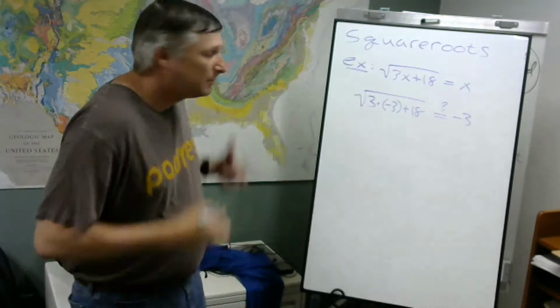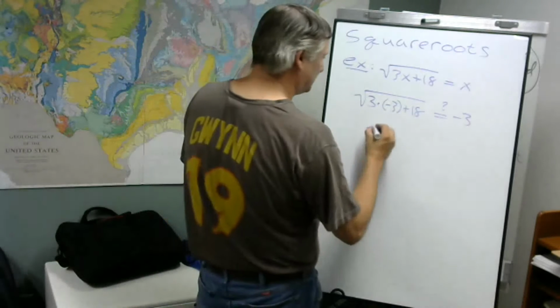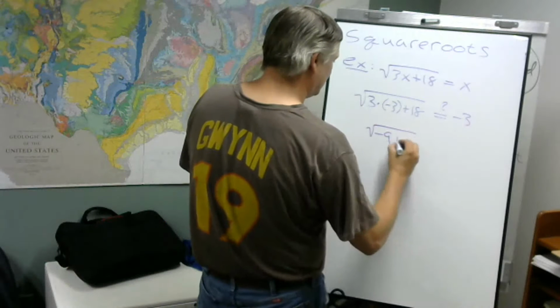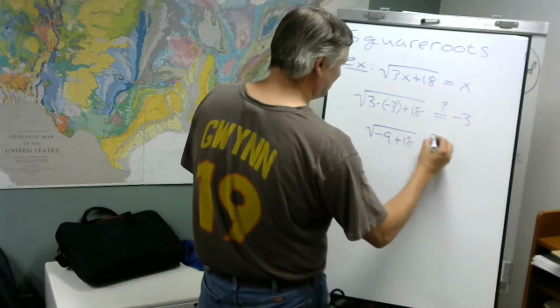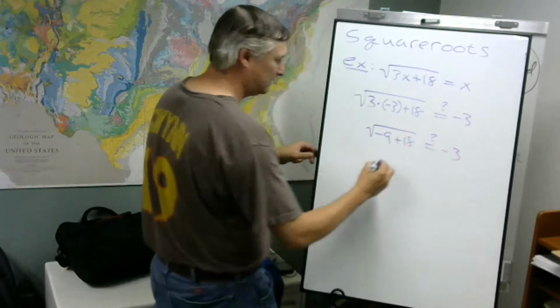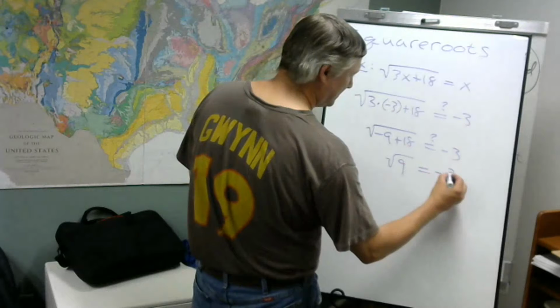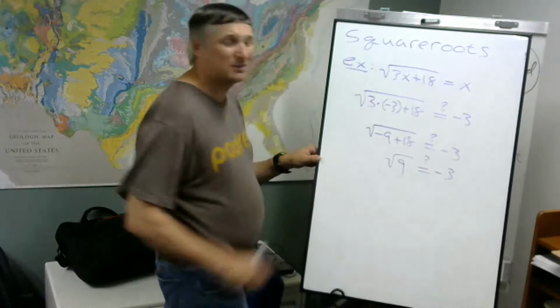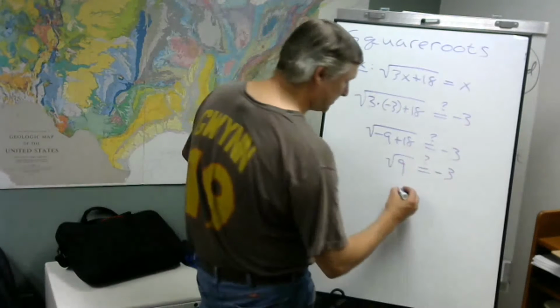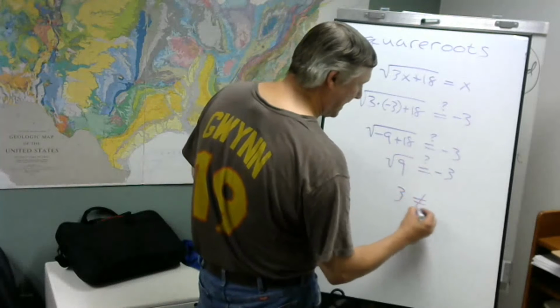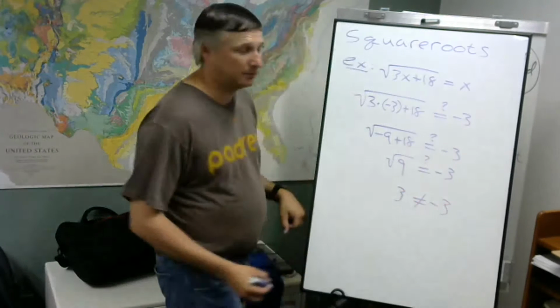It's not going to work. And you could go through and do the calculation. -9 plus 18, the square root of 9 is -3, but this is the positive square root. That means we're going to get a +3. That does not equal -3.